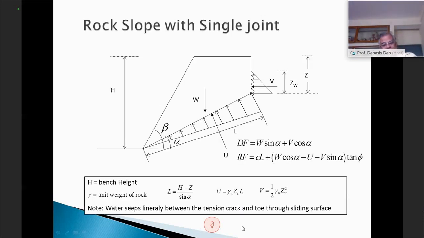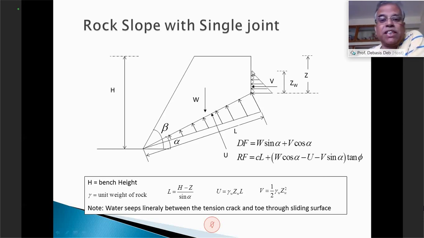So how will this water pressure act? What is the mechanics now? What is the force balancing mechanism? So I have a W which is acting vertically downward. Since there is a ZW here, there will be a pressure acting here, and the water pressure, as you know, is basically rho g h.